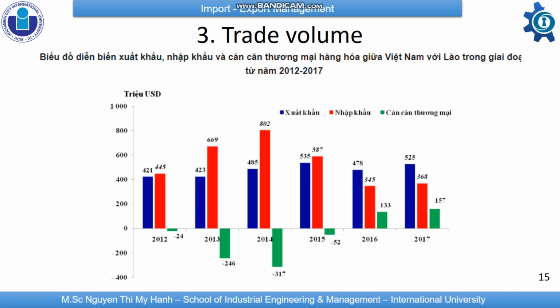And now we go to the third part, the trade volume. As we saw earlier in the video, Vietnam became second place in Asia for exporting. So it's measured by the trade volume.